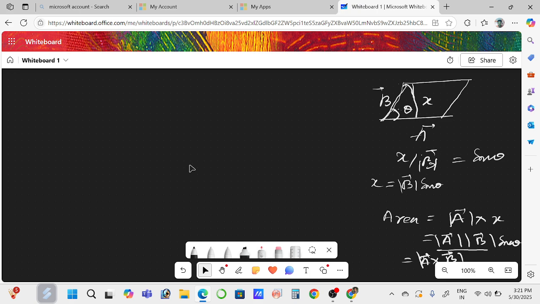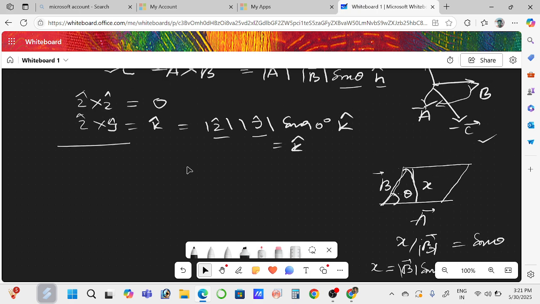Okay, so there is another way to find out the cross product of two vectors, which is generally given by a very important rule, the matrix multiplication rule, the determinant.